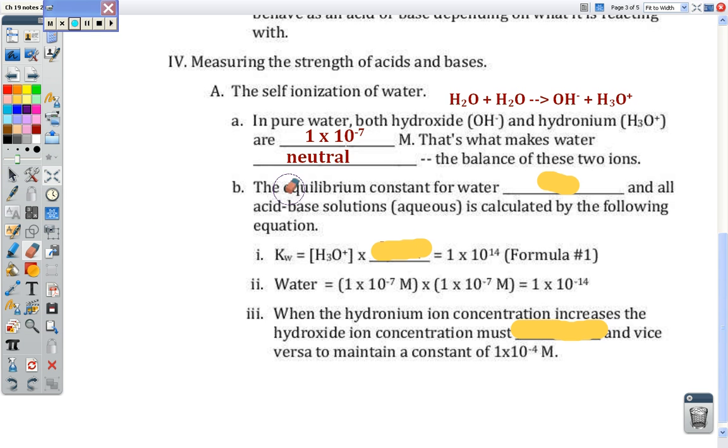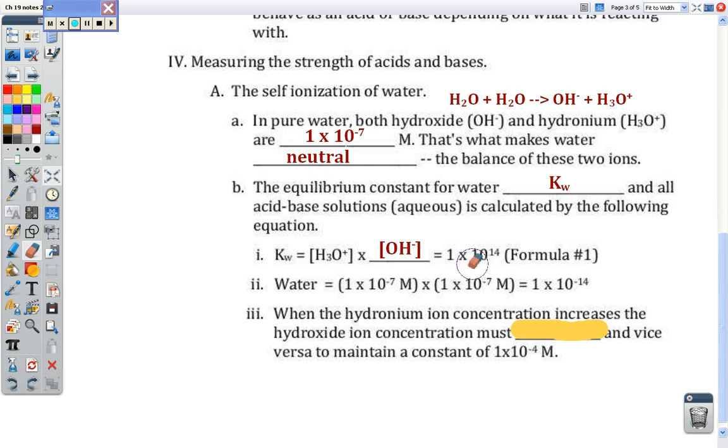Now, the equilibrium constant for water is the Kw, and all acid-base solutions are calculated by this. Because water isn't involved, it's just the products. We would take the concentration of the hydronium, multiply by the concentration of the hydroxide, and what do we get? Well, that's not entirely true.